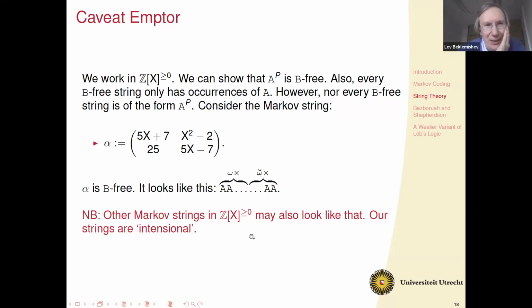So just to slow you down a little bit. You are looking at this model of PA minus, right? So the non-negative part of Z[x] is a model of PA minus, yes. Then this coding lives, so to say, in this model as well, and you are just checking what this particular element, or word, looks like in this model.